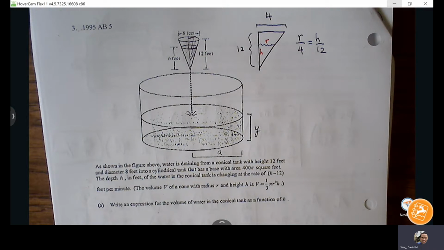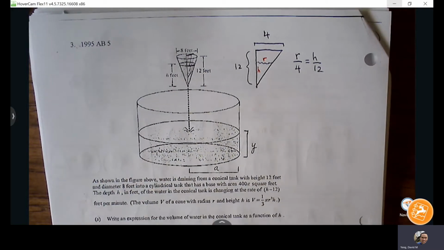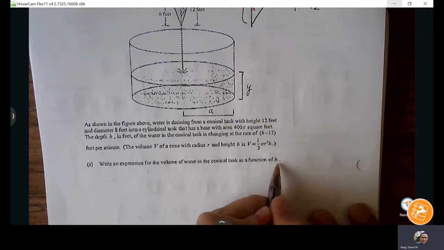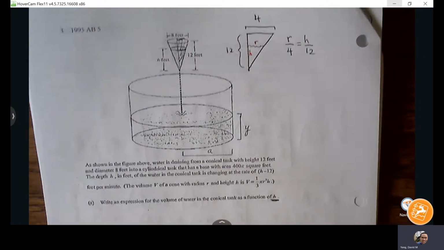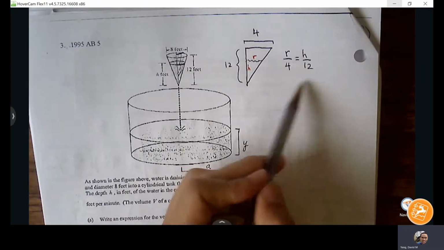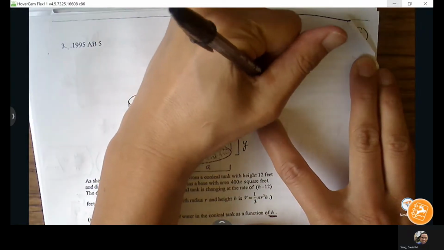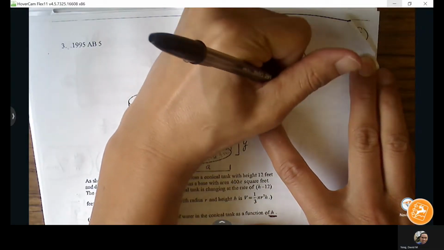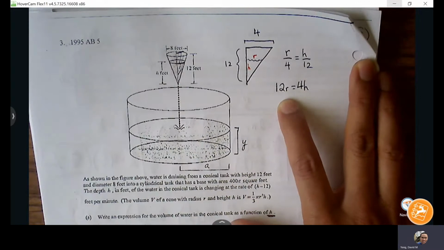Okay, let me walk through each step here. So r over 4 equals h over 12. They're telling us to solve in terms of h, that means we want the r to disappear. So I'm going to solve for r here. Divide both sides by 12.